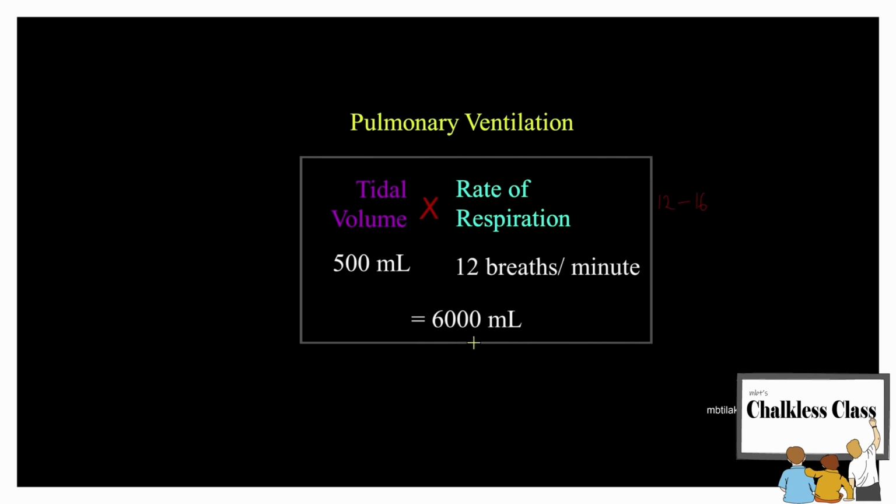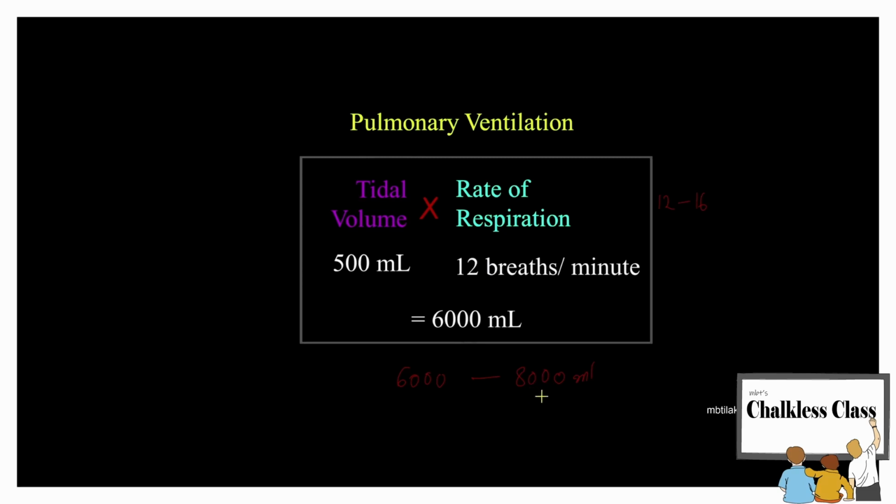This minute ventilation may range from 6000 ml to 8000 ml, because if the rate of respiration is 12 times per minute, it is 6000 milliliters. If the rate of respiration is 16, then it becomes 8000. So the minute ventilation or pulmonary ventilation is 6000 to 8000 ml. But one should not confuse it with the lung capacity.